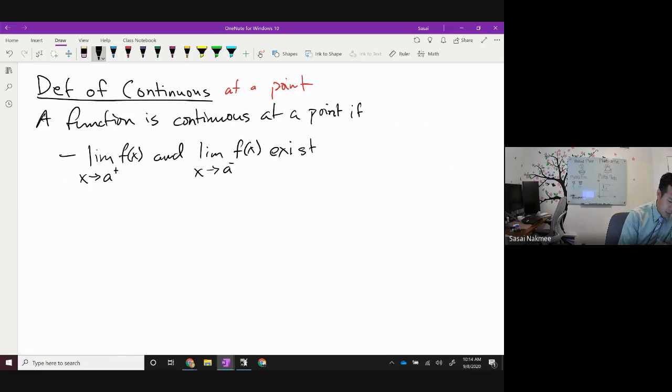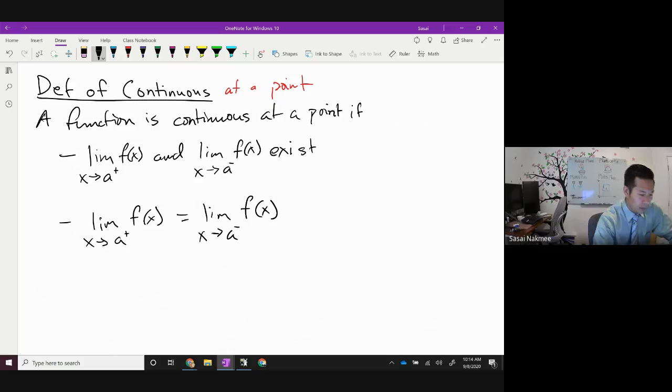The second condition is that the limit as x approaches a from the positive side of f of x is equal to the limit as x approaches a from the negative side of f of x.